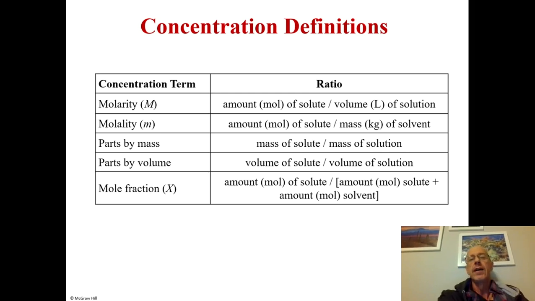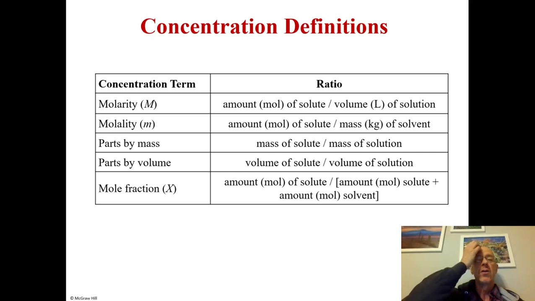The unit is defined as the amount or moles of solute per liter of solution. So it's a very easy to use unit. We use it all the time in lab and use it for industrial processes very often. Easy to use, but it's very temperature dependent, because as the temperature goes up, the volume of a solution will increase, but the moles won't go up, so the concentration drops.